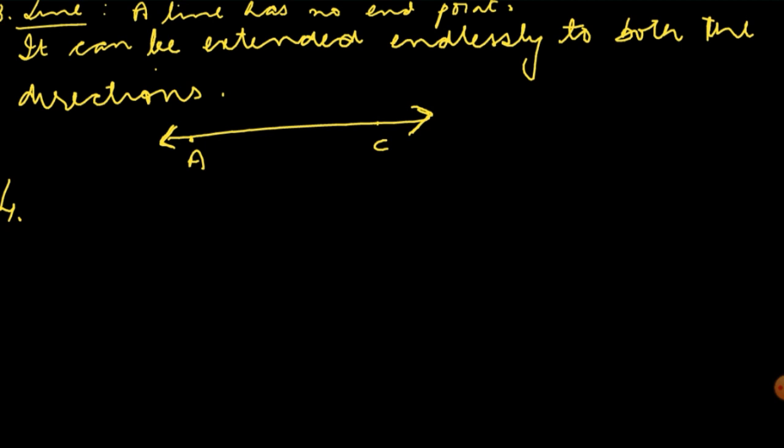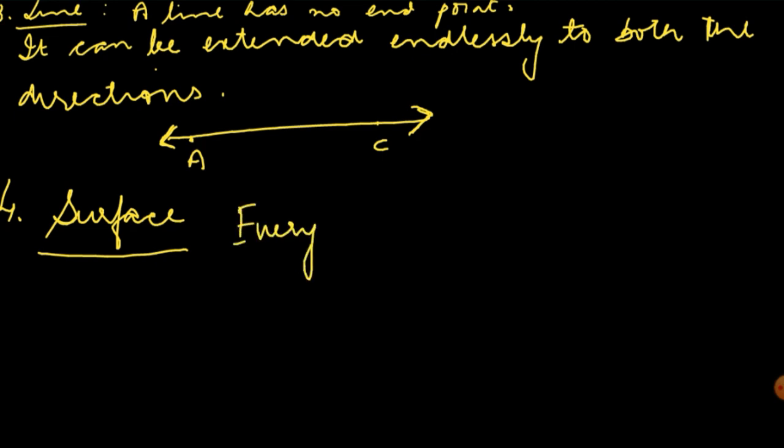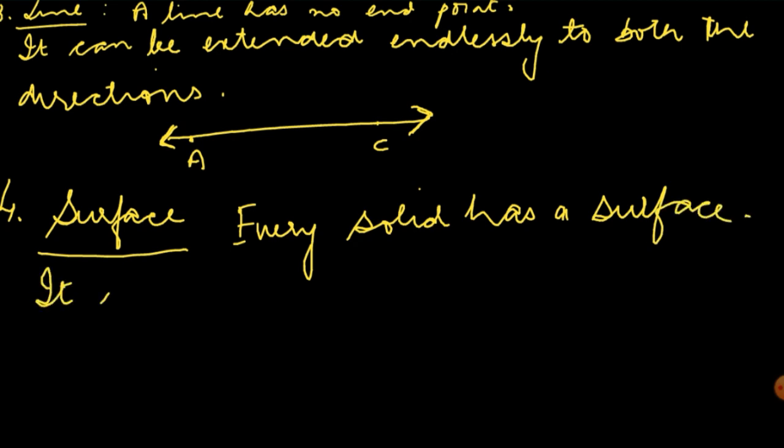Now the next one is surface. So what is surface? Every solid has a surface. It can be curved or plain, flat.